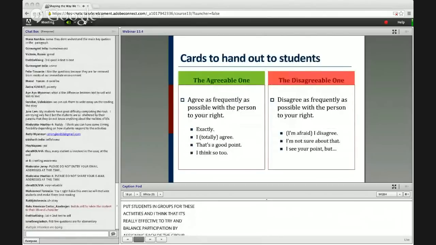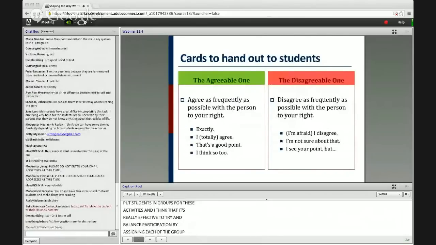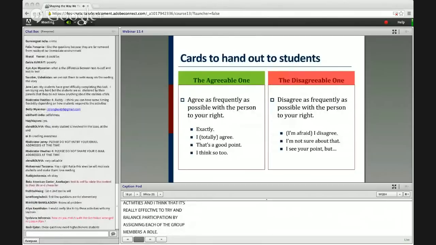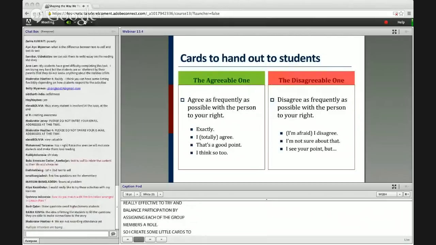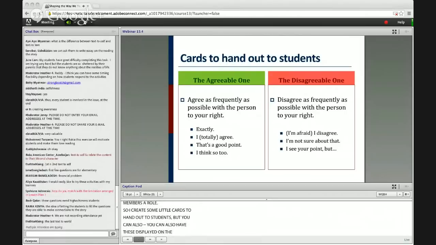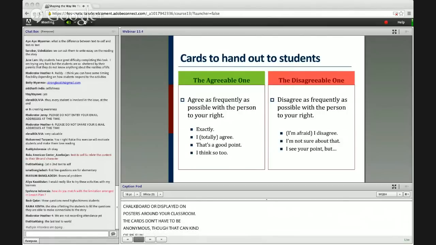So I create some little cards to hand out to students, but you can also have these just displayed on the chalkboard or displayed on posters around your classroom. The cards don't have to be anonymous, although that can kind of be fun. But each of these cards defines a role for the student.